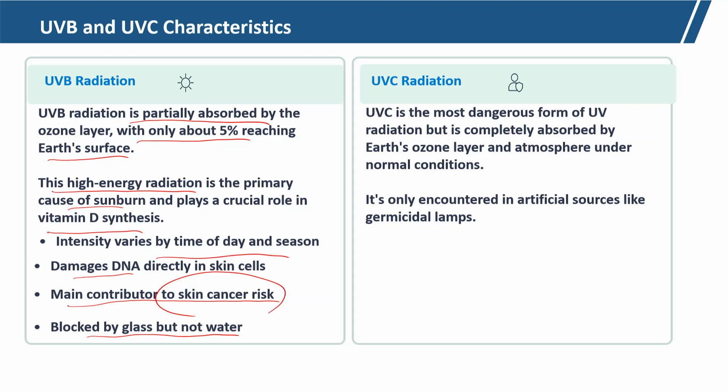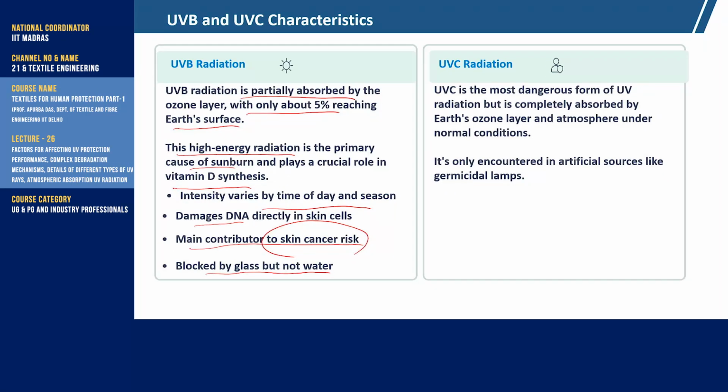But the problem is that there may be some ozone holes in the atmosphere due to climate change. If there is an ozone hole, it penetrates through that, and the chances of exposure are very dangerous.